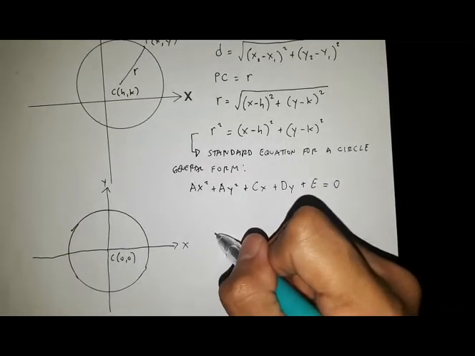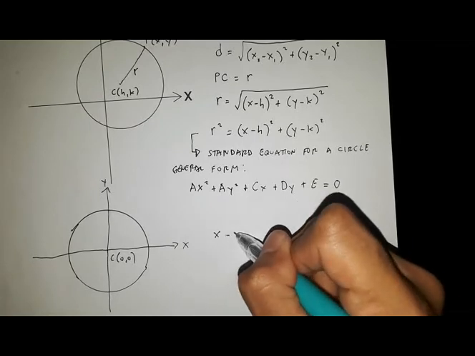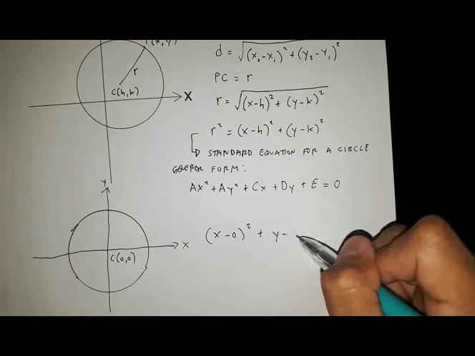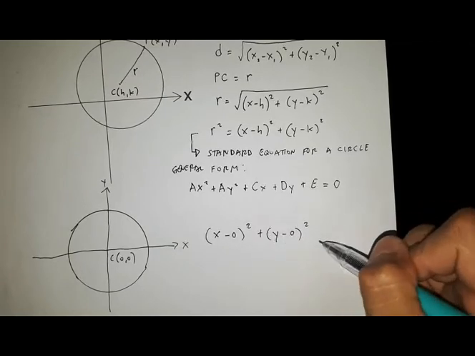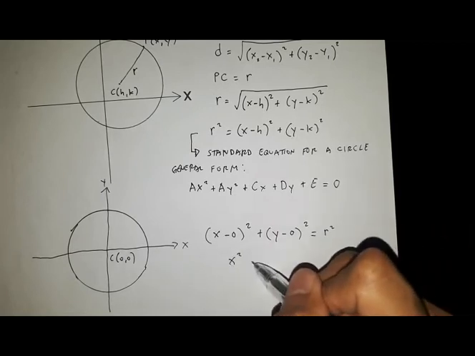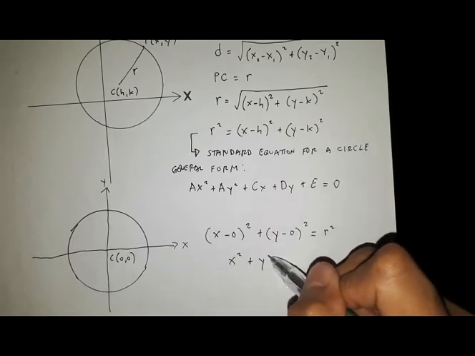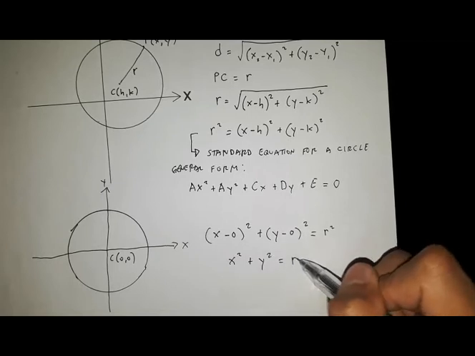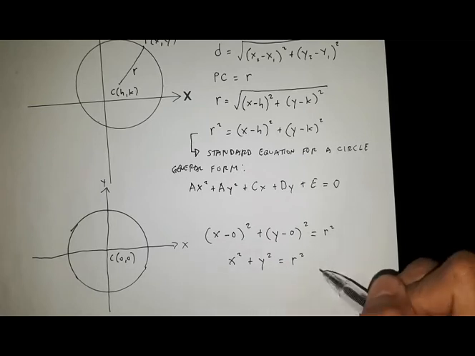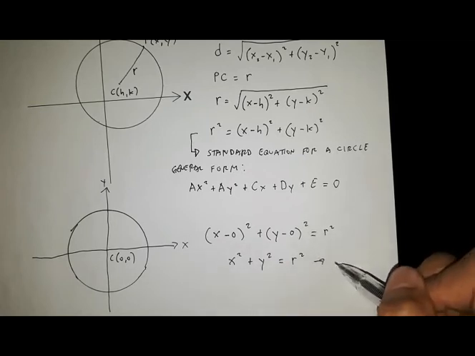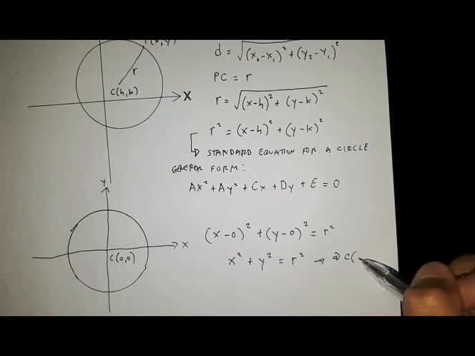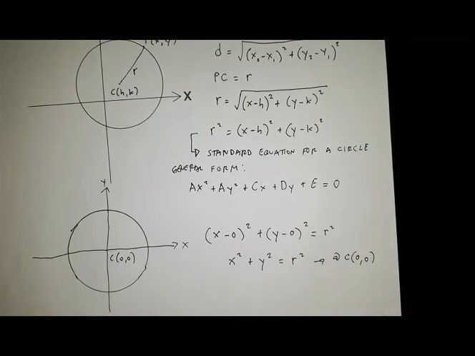Therefore, you have x minus 0 squared plus y minus 0 squared equals r squared, or x squared plus y squared equals r squared. So this is the equation when your center is at the origin.